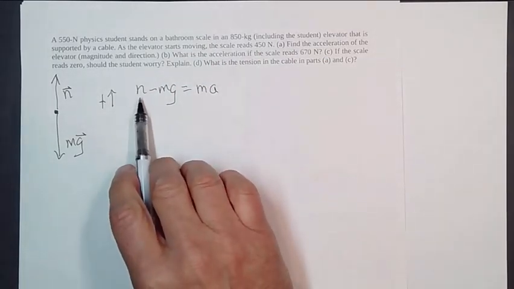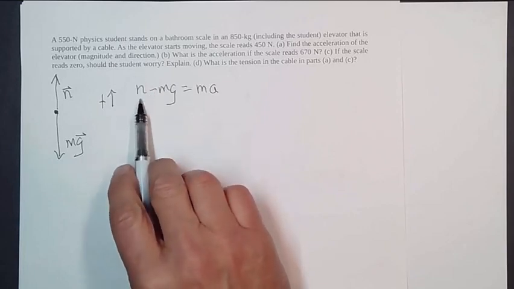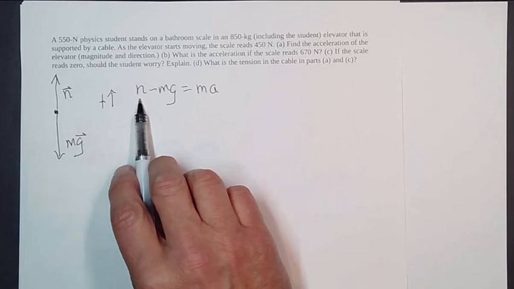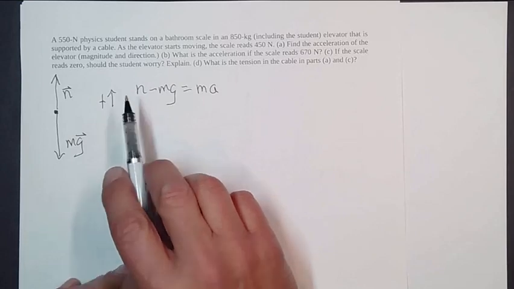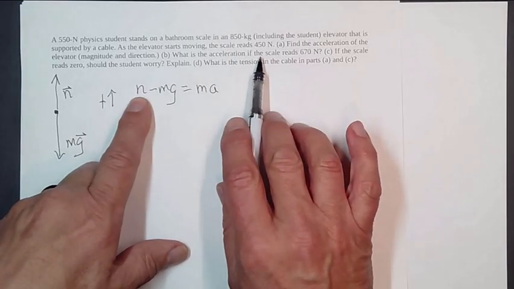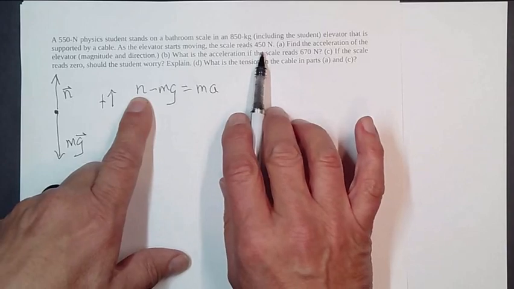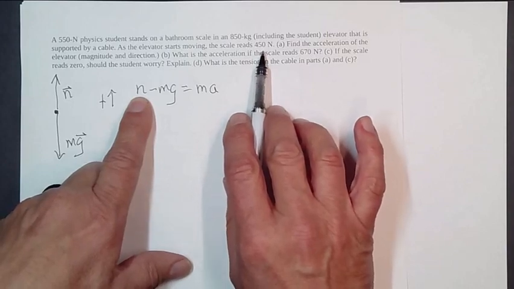Now, N is the force of the scale upward on the student, but the scale reads the force of the student pushing down on the scale. And in this case, we happen to know that, at least in part A, that's 450 newtons.